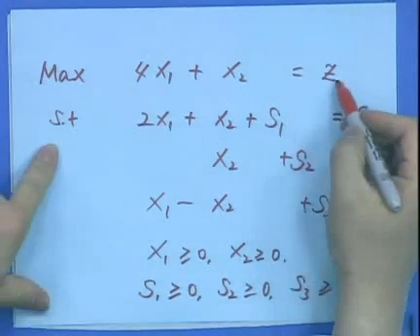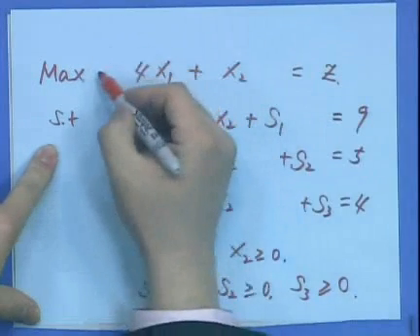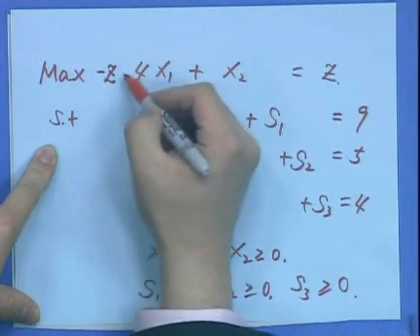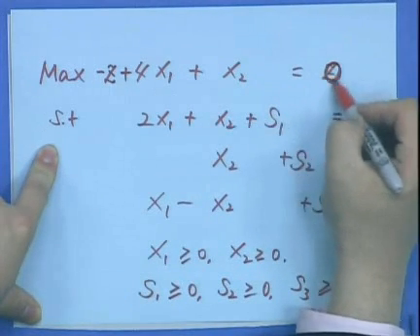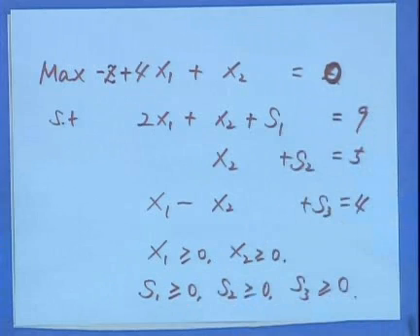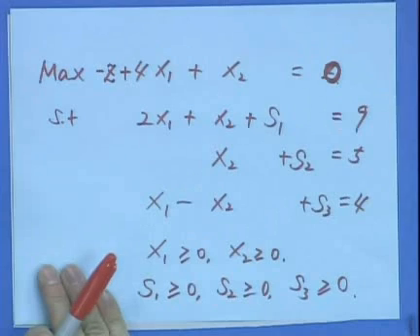And let's move the g value to the left-hand side, so we will have negative g instead of having g on the right-hand side. And we can build up the initial simplex tableau based on this standard LP.